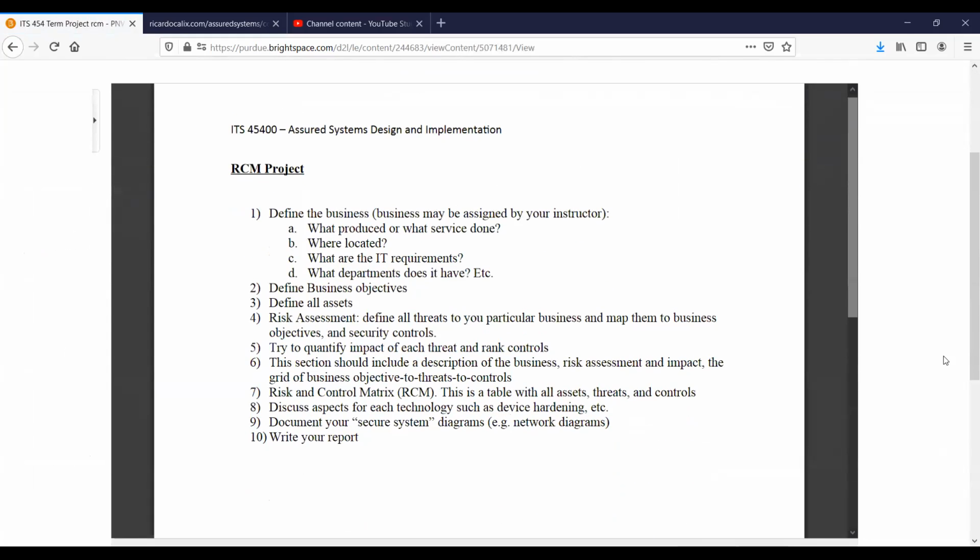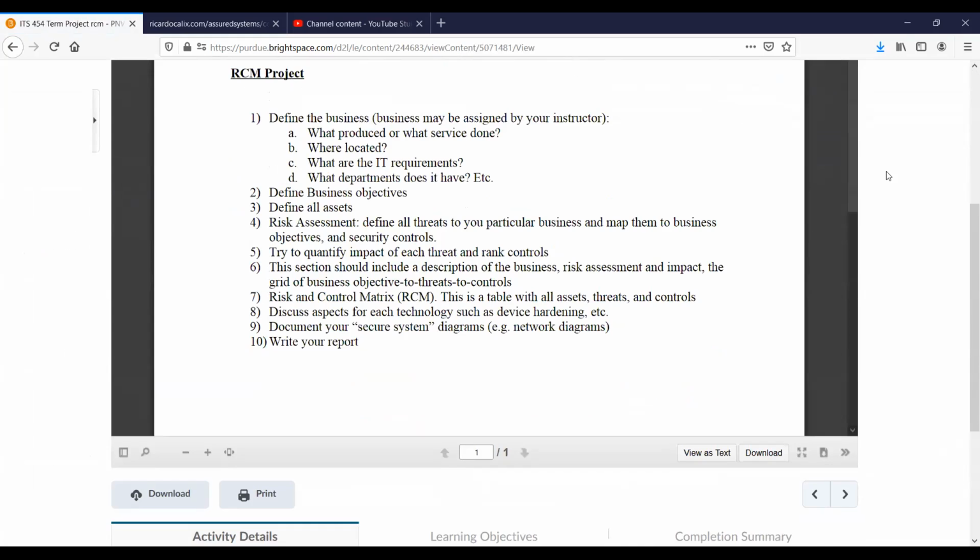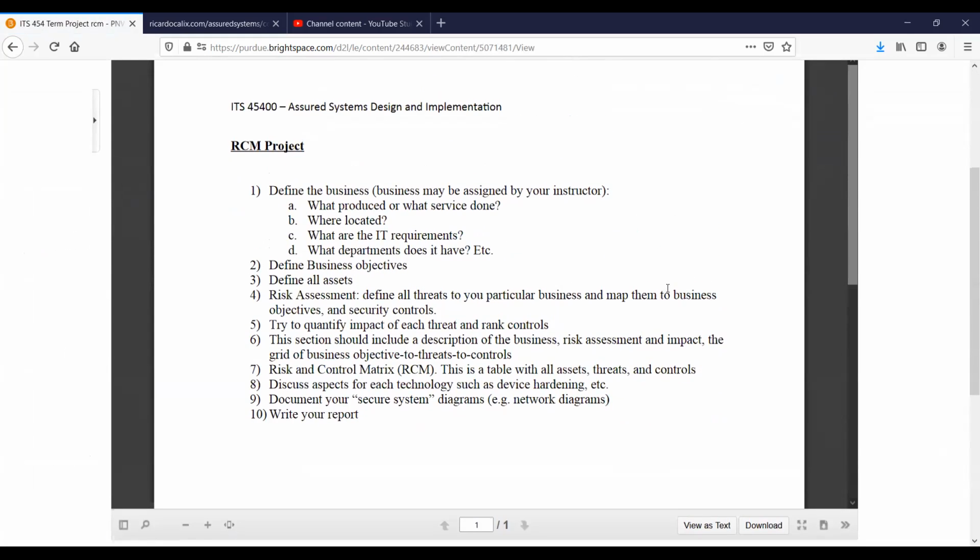So you can just see here, pretty much the same thing for part A, the RCM project. Define the business. The business may be assigned by the instructor, but in this case, not. What is produced or what service is done? Where is it located?